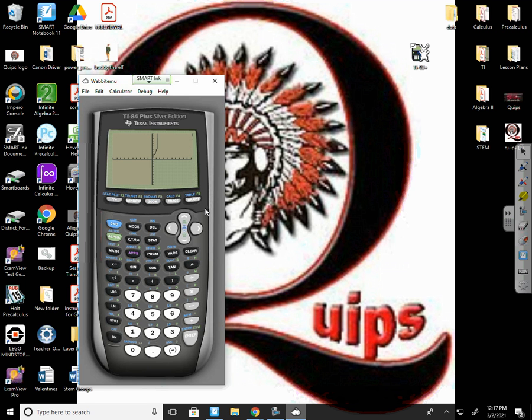And now whenever I graph that, it gives me this parabola. Not actually a parabola, but just a line going upwards, right? If it doesn't look like that, then you messed up. Go back into your y equals, make sure that it's t and that you have everything entered in correctly.